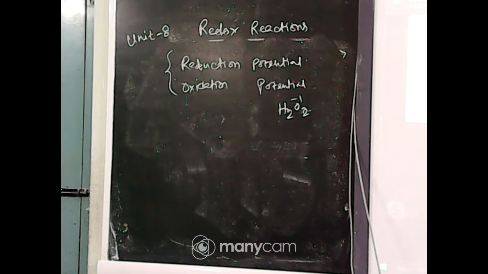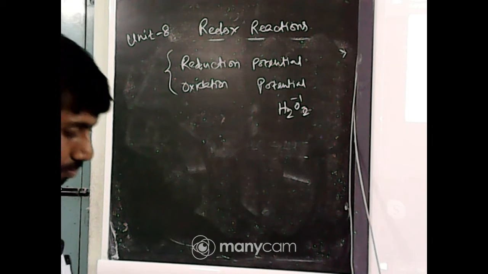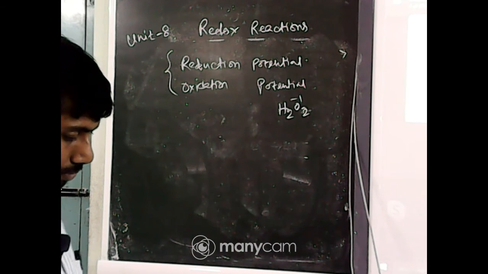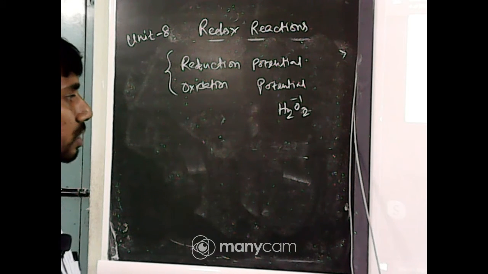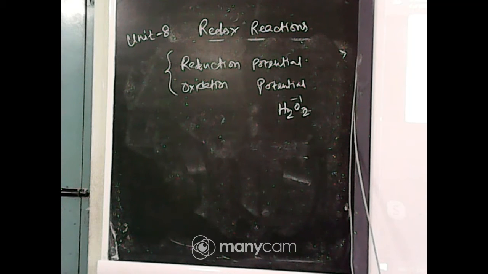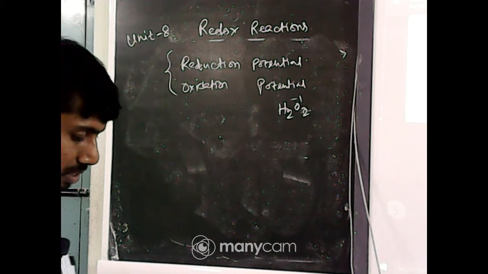In the superoxo compound also, which will be discussed in the S block elements, a different oxidation state of oxygen is found, here it is -1/2. All the halides have the oxidation state of -1, that is Cl minus, Br minus, etc.